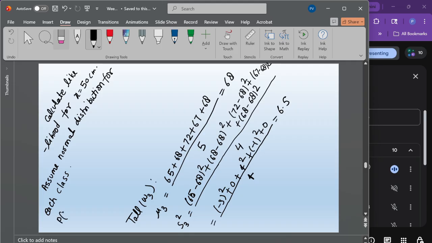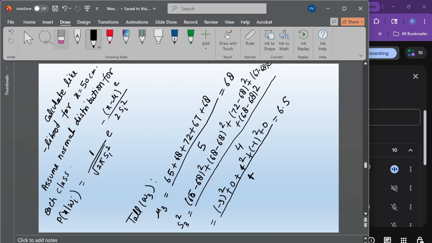So the probability of x given the class is 1 by root 2 pi sigma square, e to the power minus (x minus mu) whole square by 2 sigma square, right? So this is our formula for the normal distribution.